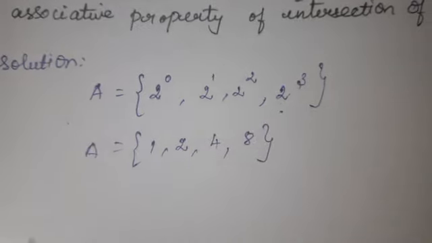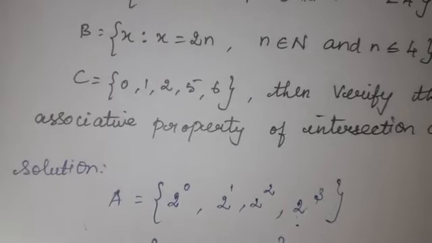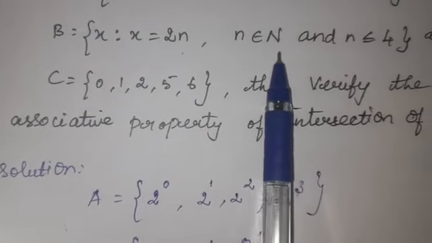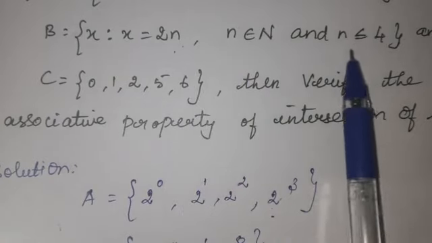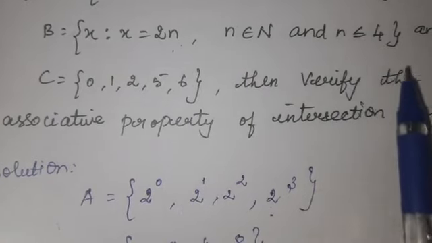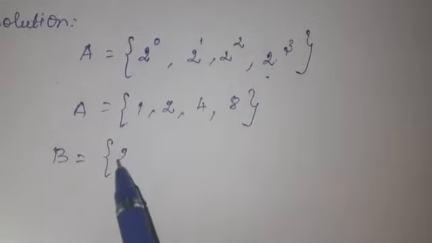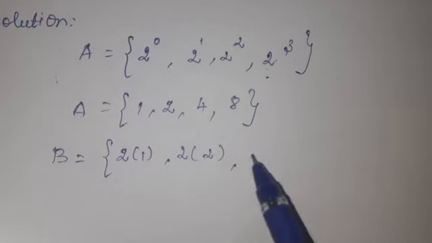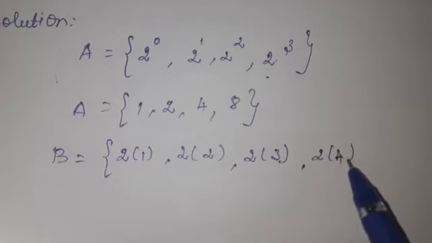Next, we should find the B set. B is given as x is equal to 2n, 2 into n, where n belongs to natural numbers. That means n should start at 1 and end with n less than or equal to 4. So B is equal to 2 into 1, 2 into 2, 2 into 3, 2 into 4.